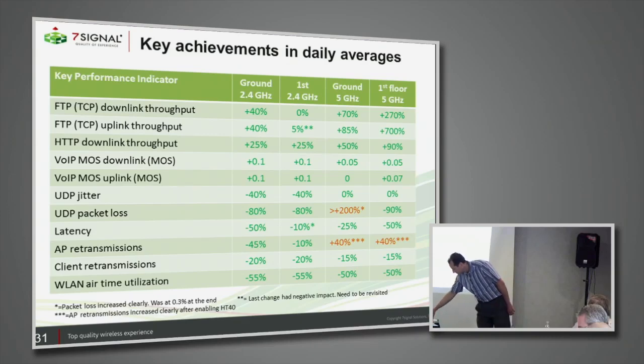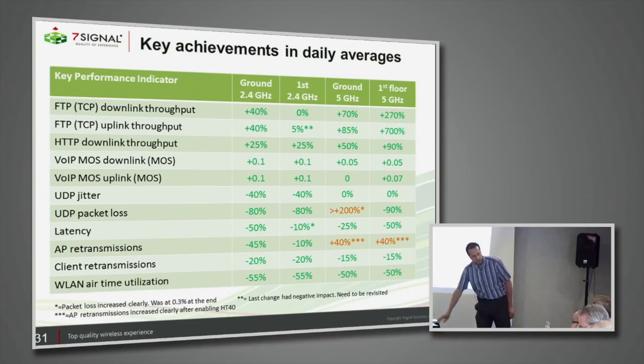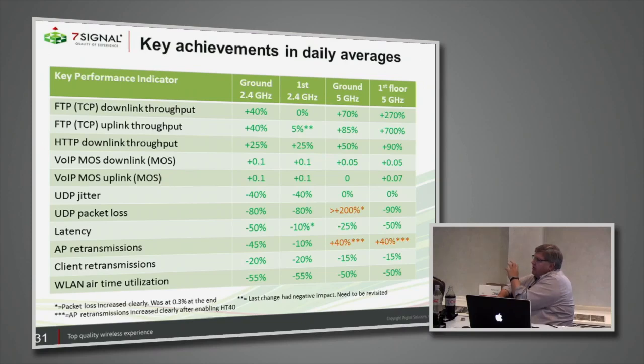The improvements we reached were even up to 700% in throughput, which is a huge increase by tweaking the parameters only. I think, and this is not the only case where this has happened, I can tell you that. Of course, you can't always guarantee that you will get 700% increases in throughput, but it's common that there are significant improvements.